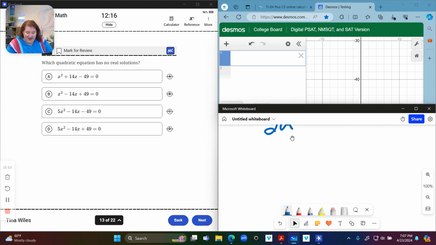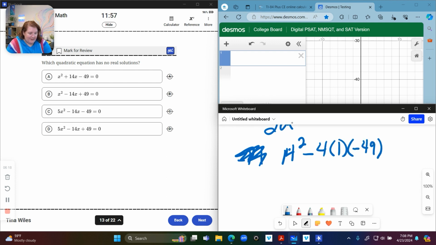So I can plug these in. Negative 14 squared minus 4 times 1 times negative 49. And I could do that for each of these, right?